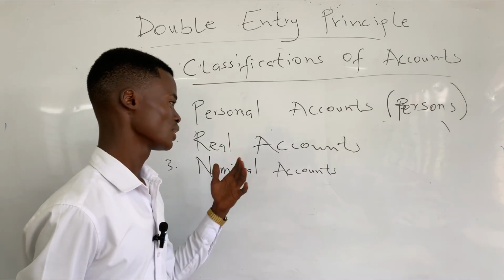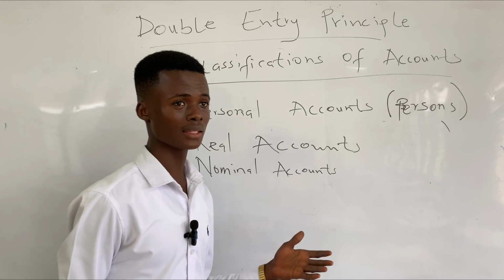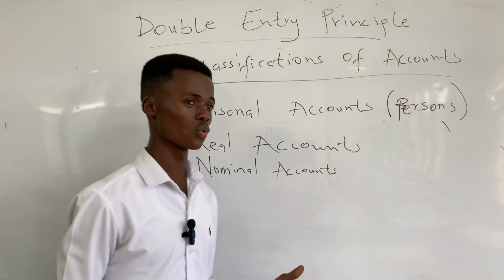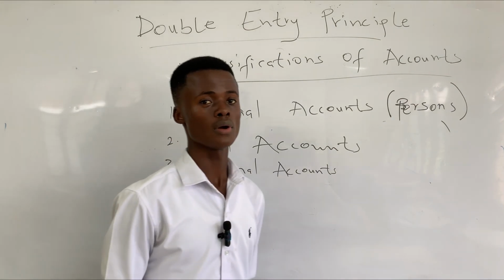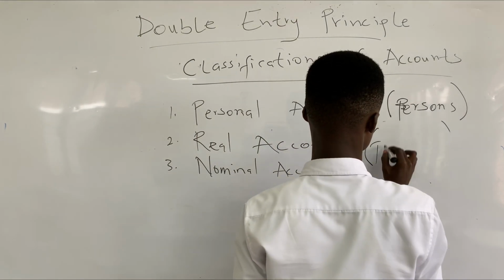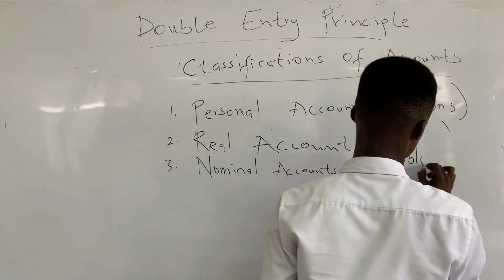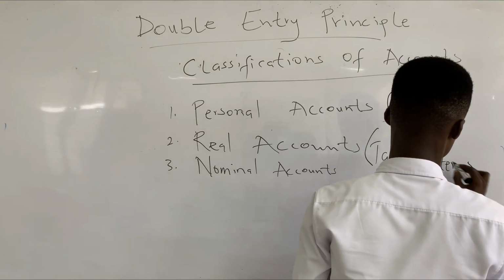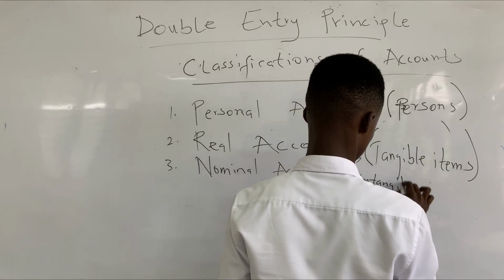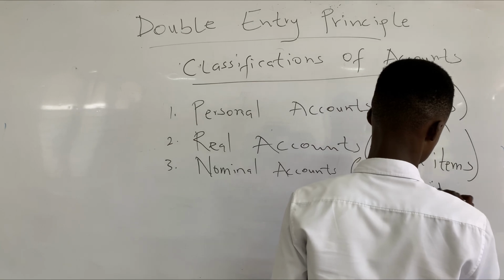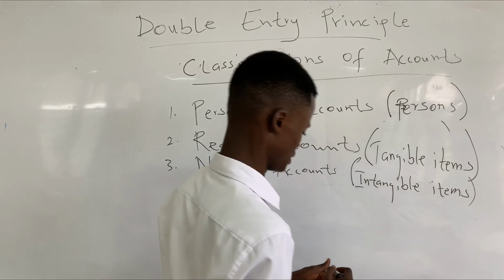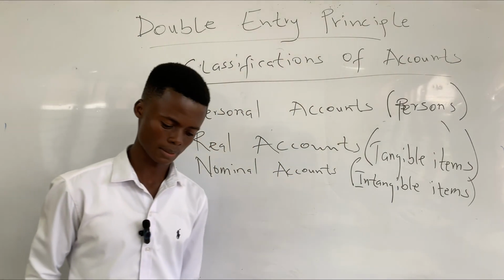The real accounts keep records of the tangible items or properties the organization deals with. And the nominal accounts keep records of the intangible items or properties the organization deals with.